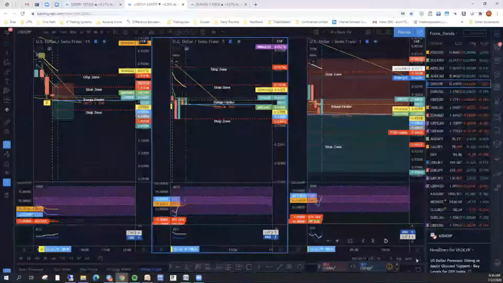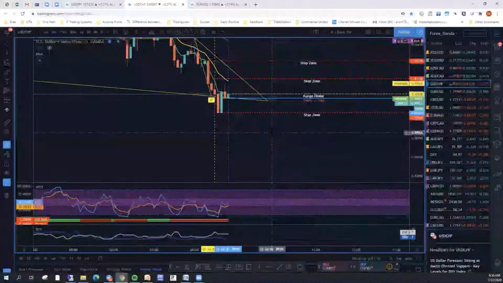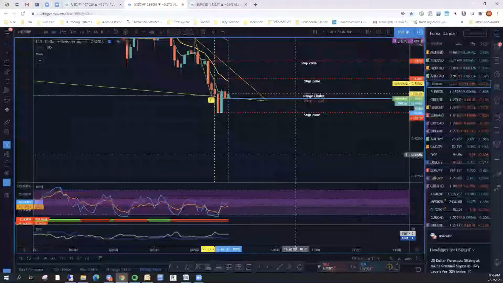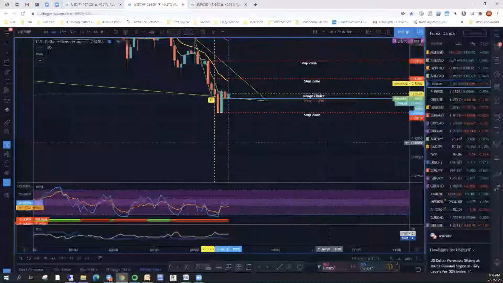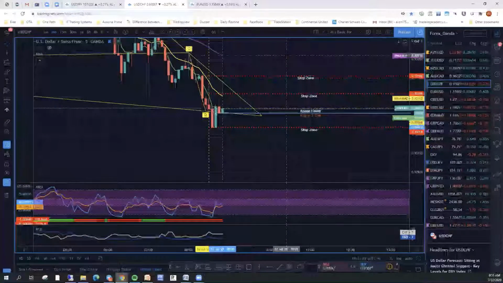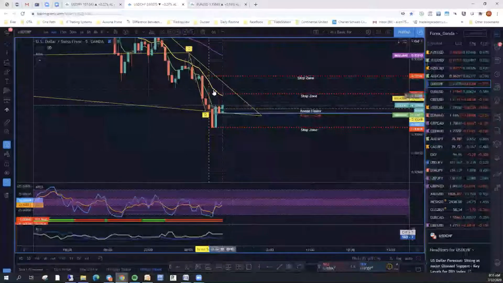Let's go back to our 5-minute. We have plenty of room to the upside. Once it breaks, it still has to retest this 13.